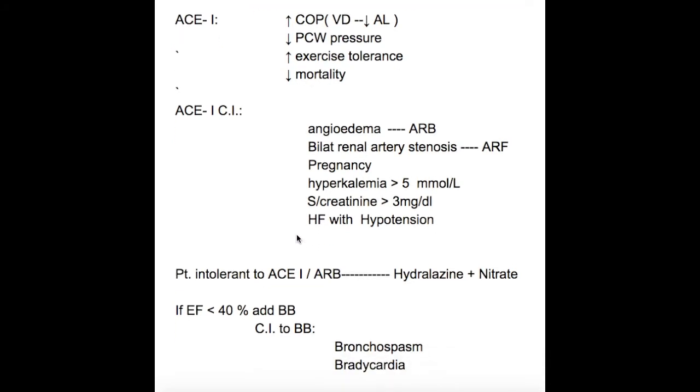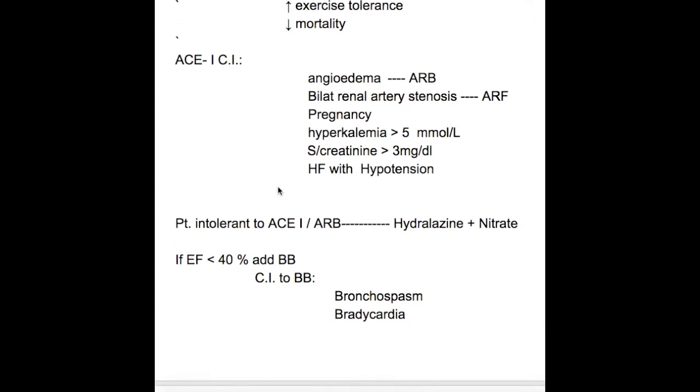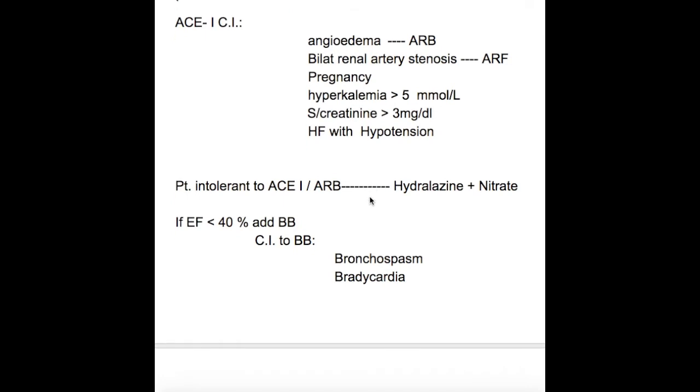This is the drug of choice for heart failure, but if there is an additional hypotension, then ACE inhibitors are contraindicated in those patients. Okay, if the patients are intolerant to both ACE inhibitors and receptor blockers, then what drug do you use? Hydralazine with oral nitrate.